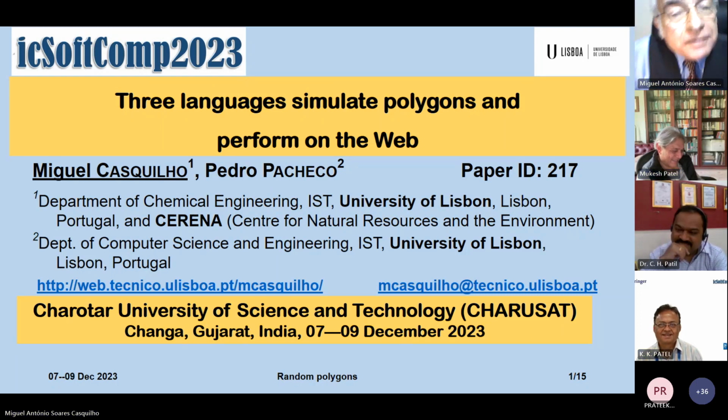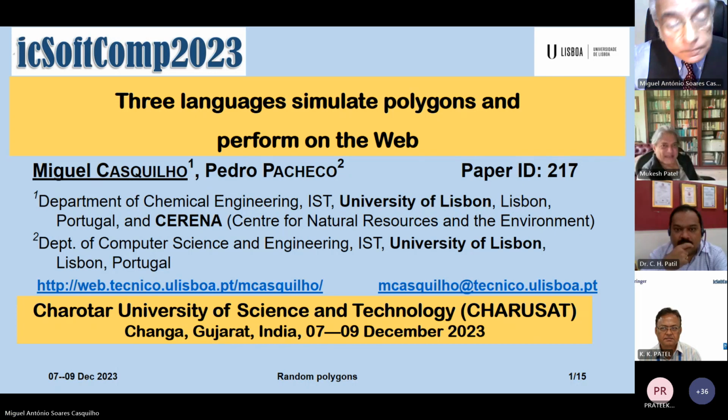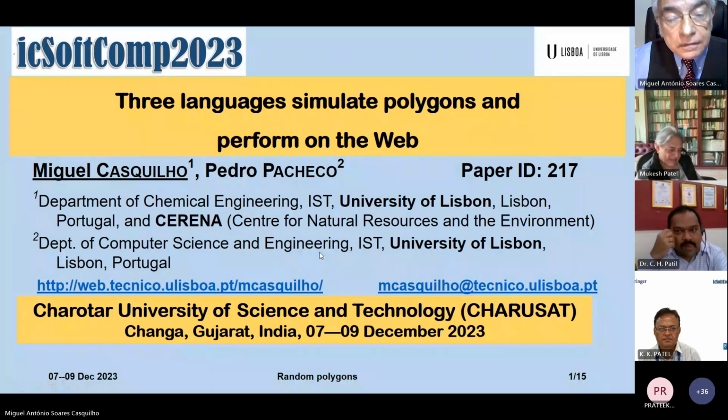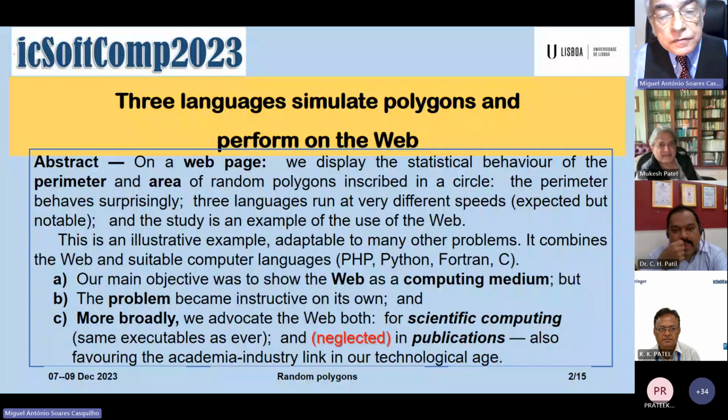Okay, so, three languages simulate polygons and perform on the web. I am a professor at the University of Lisbon. On a web page, we display the statistical behavior of the perimeter and area of random polygons inscribed in a circle.